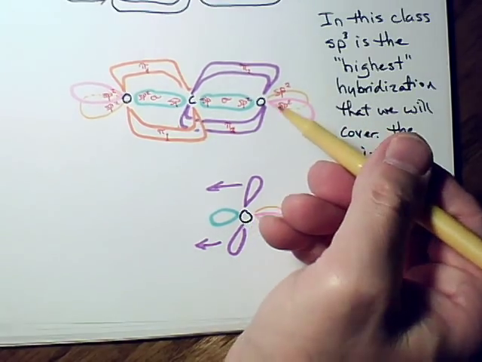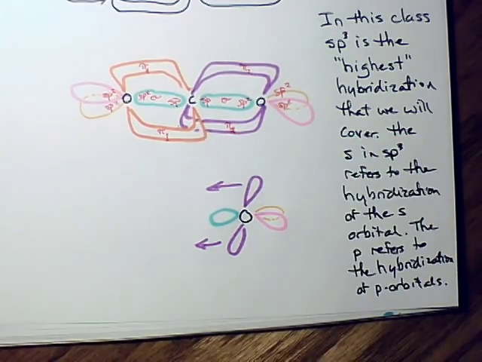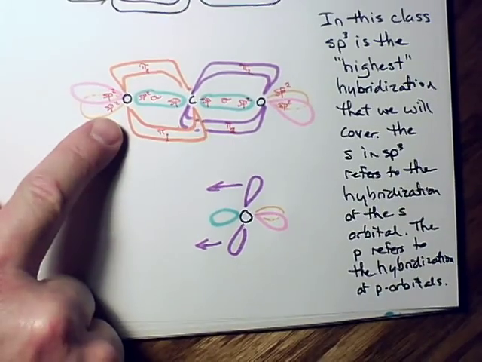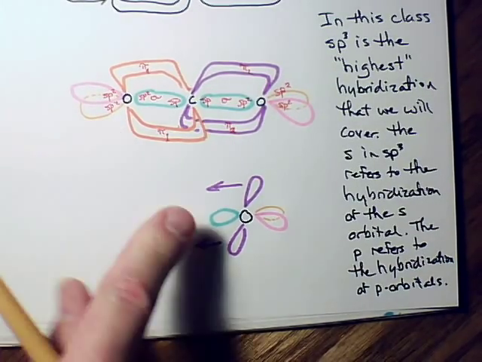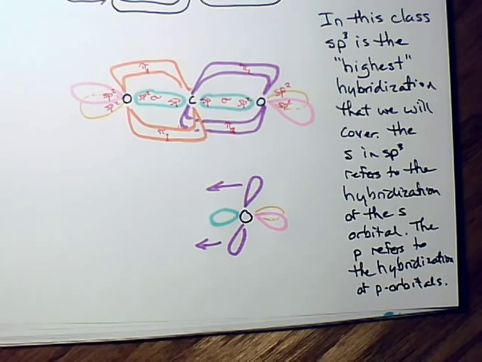And that's where we get this hybridization from. Or this one as well. Because I leave one p orbital unhybridized. Okay? Does that help you?